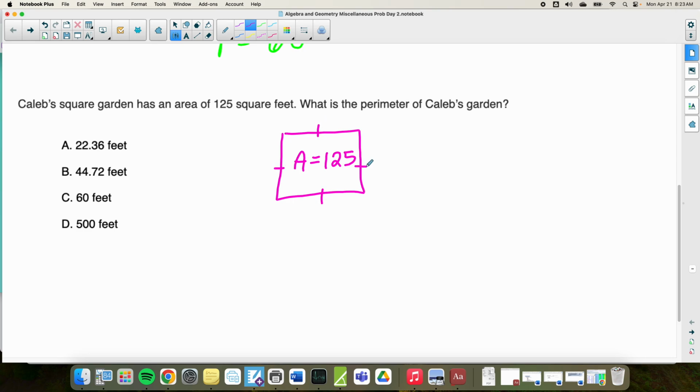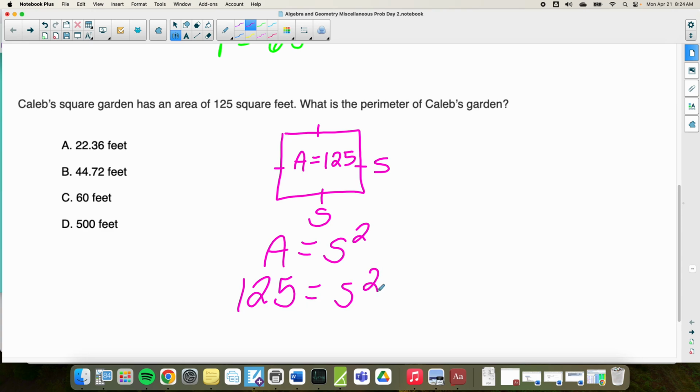You can think of the area of a square as side squared. It's probably the easiest way. So if I put 125 in here, how do I solve for s?